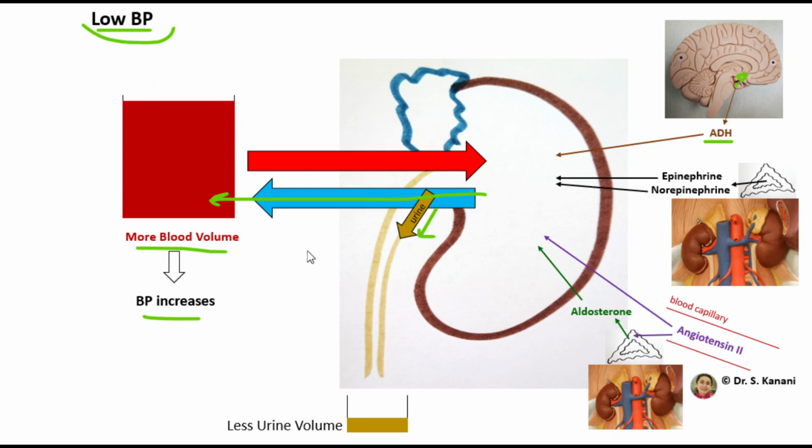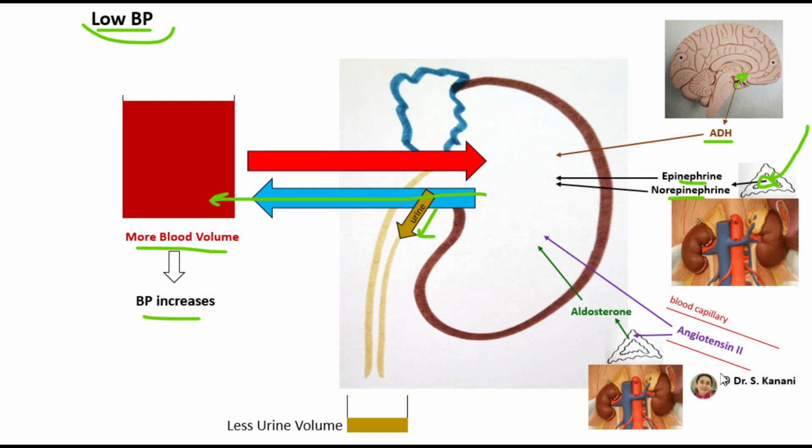Also, when blood pressure is low, we know that sympathetic nerves fire signal, including thoracic spinal nerves, they stimulate adrenal medulla to secrete epinephrine and norepinephrine. Epinephrine and norepinephrine use some strategies to result in the same thing. Basically, they reduce the urine volume to increase the blood volume.